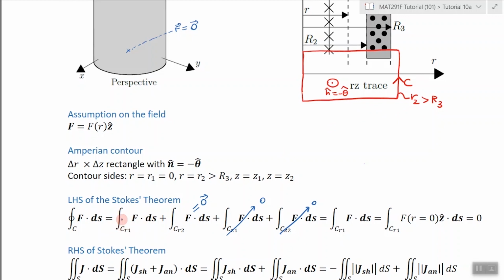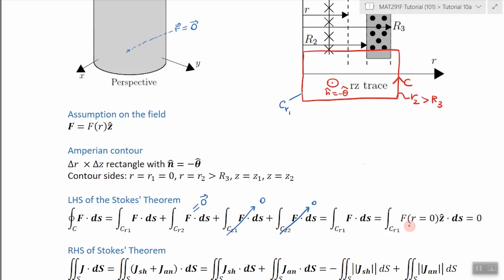So we're left with just this guy. This is what I wrote here. Here I plugged in this expression for the field, and I also plugged in r equals 0 because this is what's happening on this contour. This is this guy, CR1.